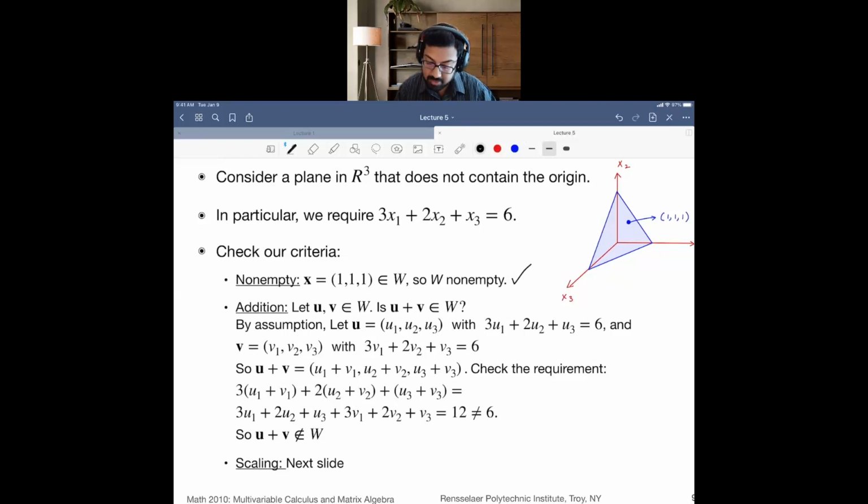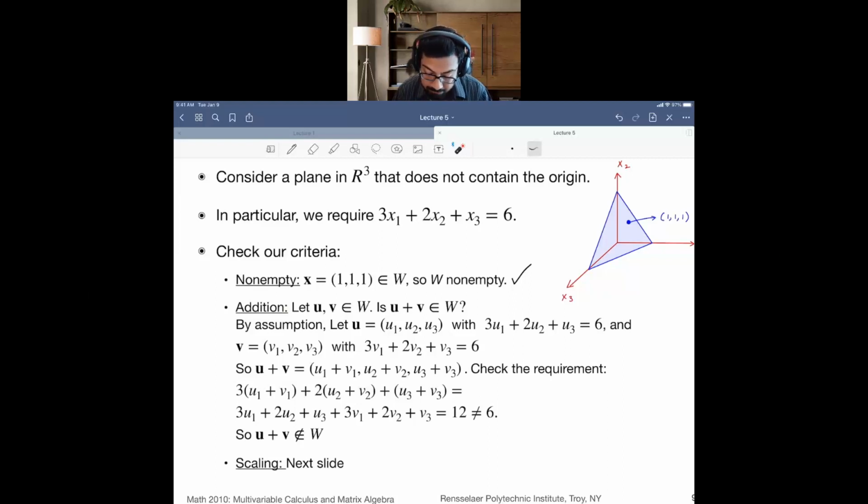Good. Next. Is it closed under addition? I'm going to consider 2 vectors u and v, and I'm going to assume that they belong to the subspace W. The question is, is u plus v also going to belong to W or not? Let's try to do that algebraically first, and then we'll take a look at how we can deduce that geometrically, right?